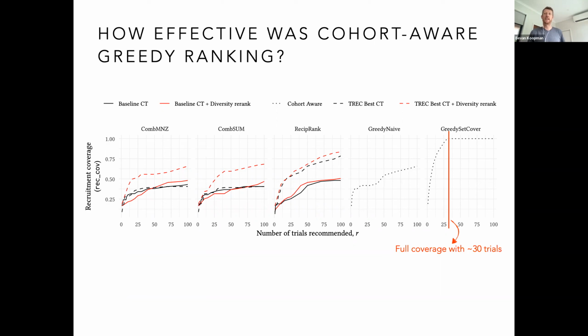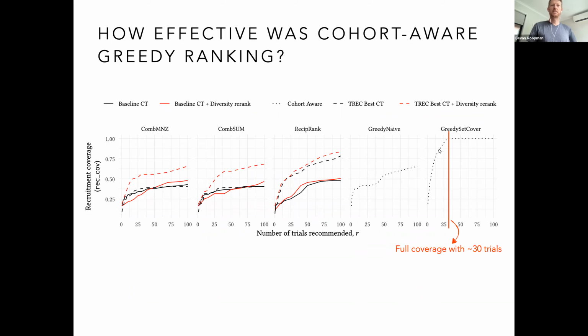So if you were to get these methods closer to this, you actually got a really effective search or recommender system in terms of taking a cohort of patients and getting a small manageable subset of trials that you could refer them to.